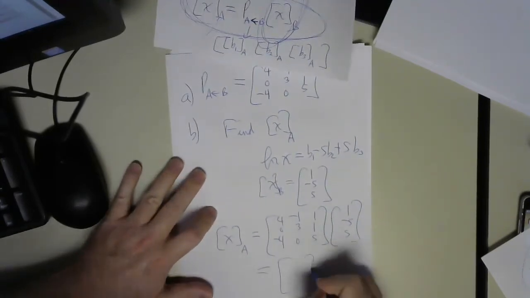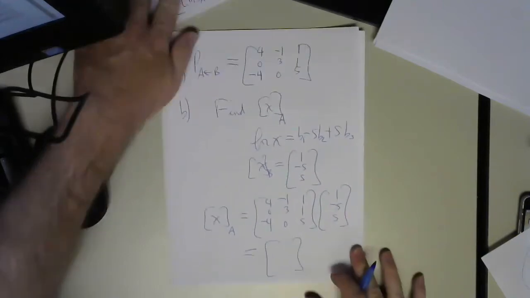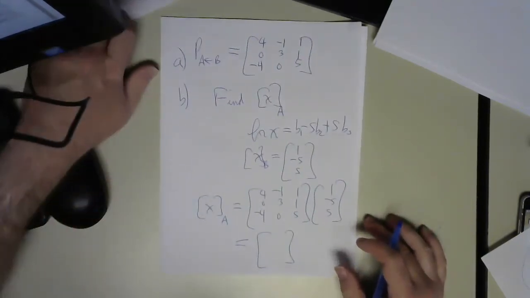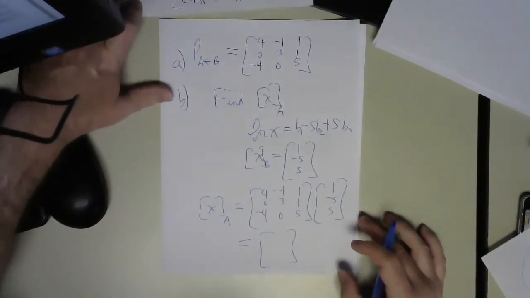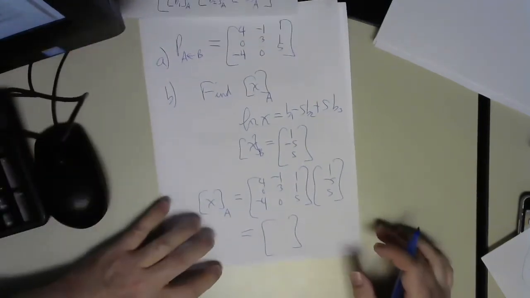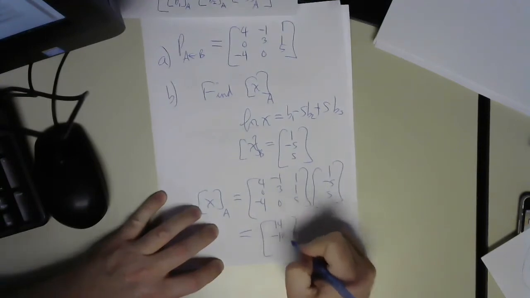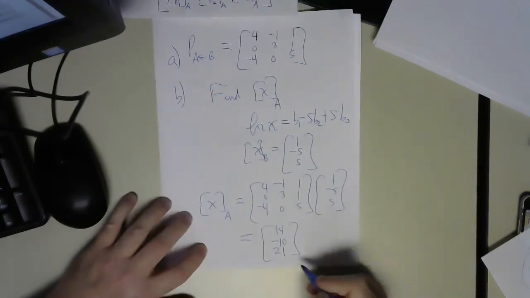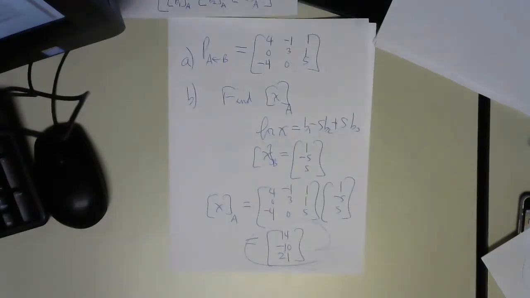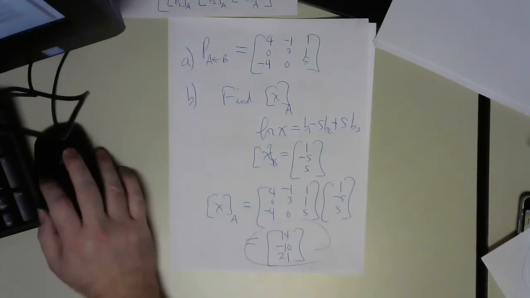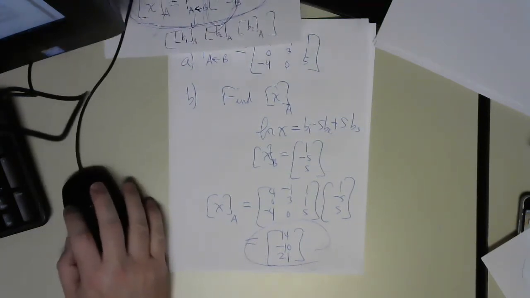So we'll just do the calculation. And you should get this. All right, so that is the coordinate vector of x with respect to basis A. So kind of a nice little trick. And just about every problem in the section involves that equation.